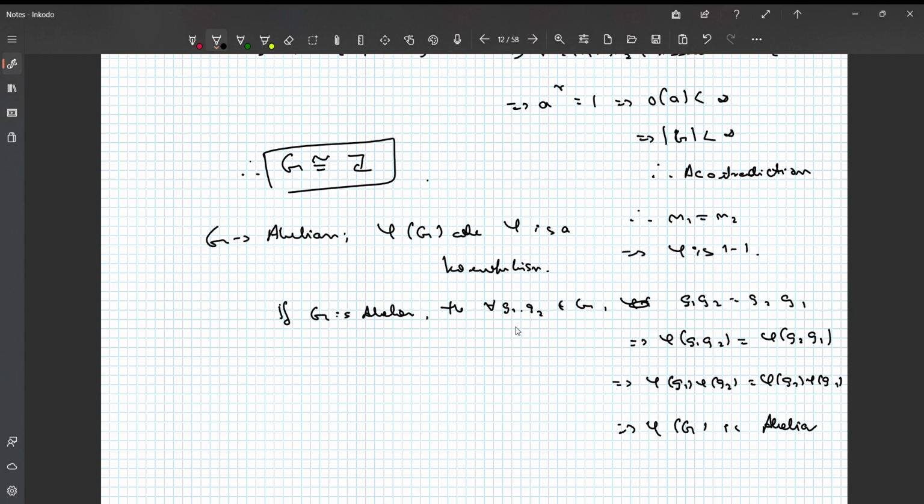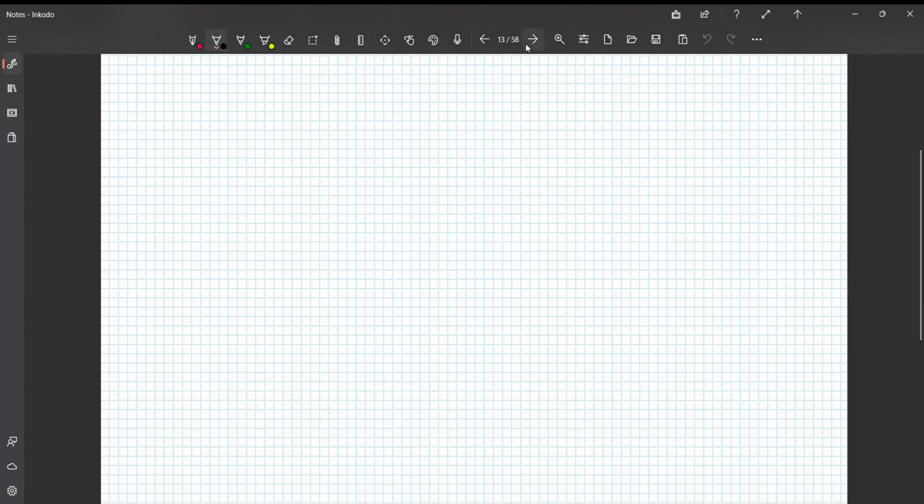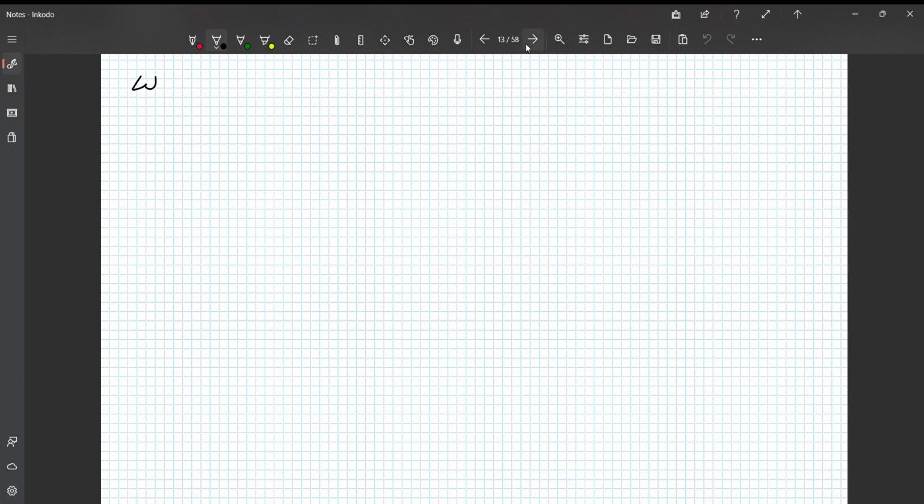The thing is that if I talk about an isomorphism, then we can establish an equivalence relation out of isomorphisms. What I mean to say is, let G bar be the collection of all groups.